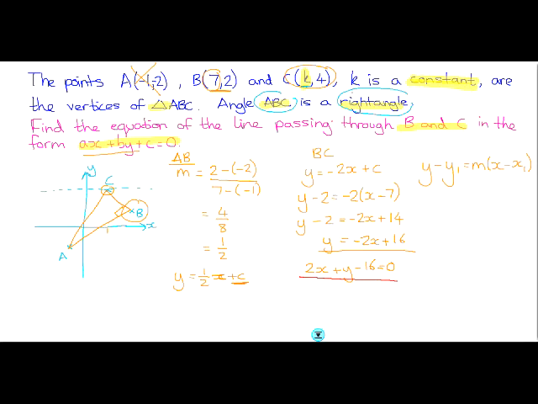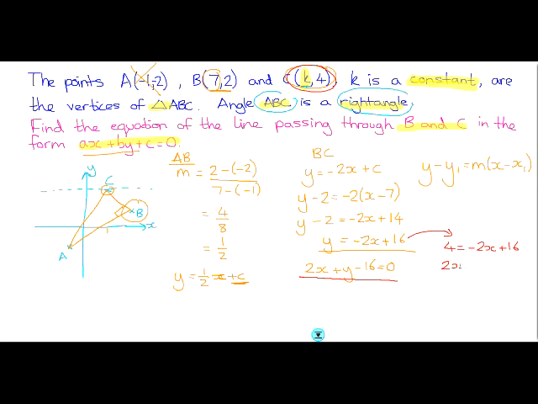But let's find out k. Let's do that. So I'm going to use this, and we're just going to substitute the bit that we know in. So we know y is 4. So we know 4 is equal to minus 2x plus 16. Let's get the x term positive. So let's add it to both sides.